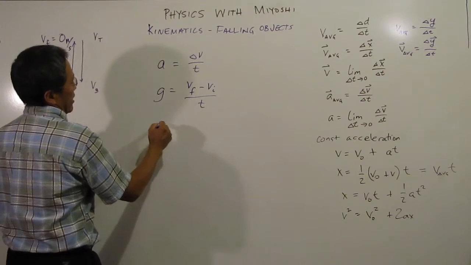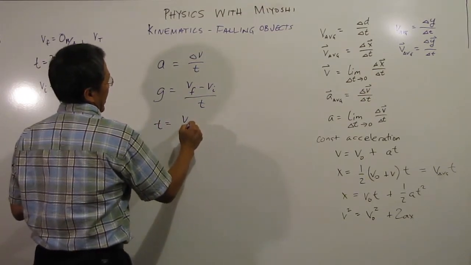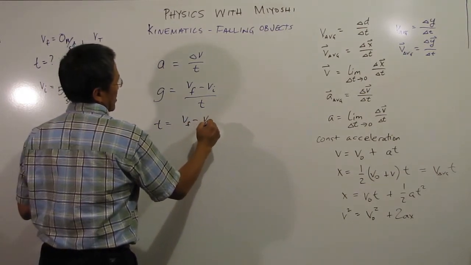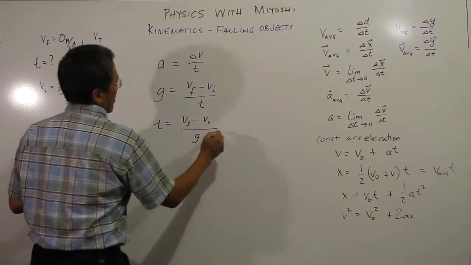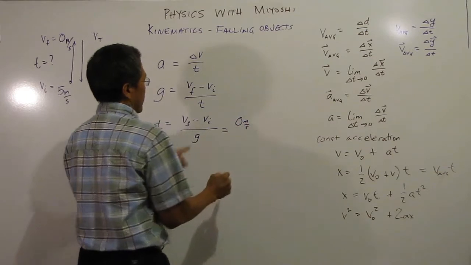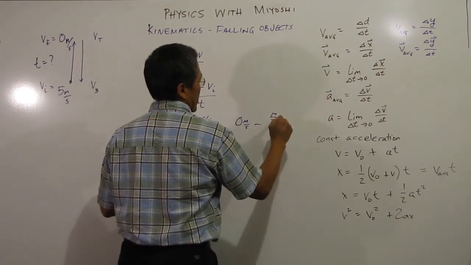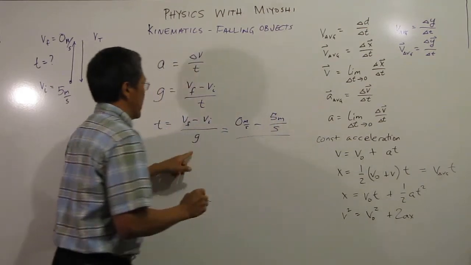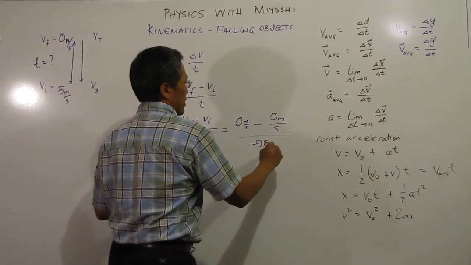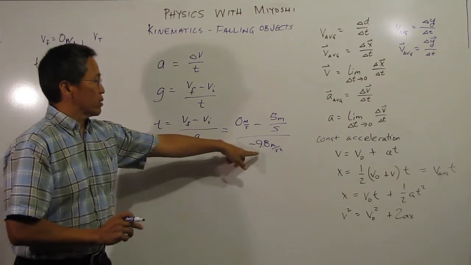I'll rearrange this so that t is v final, which is 0, minus my v initial, divided by gravity. So final is 0 meters per second. My initial is 5 meters per second. And divide that by g, which in this case is negative 9.8 meters per second squared. As long as we're on Earth, that equation will work.